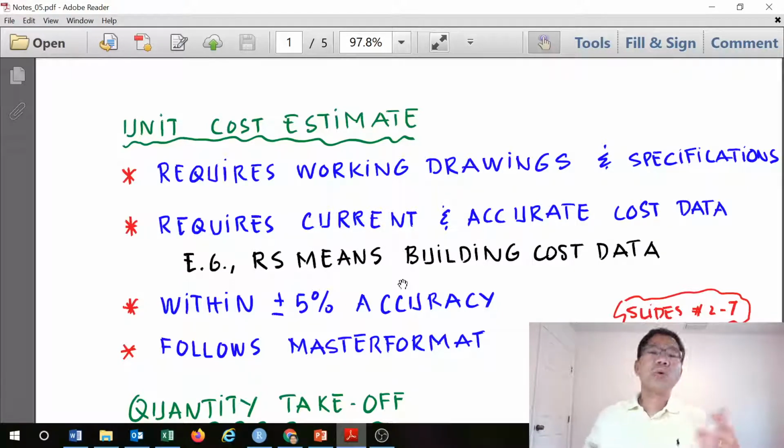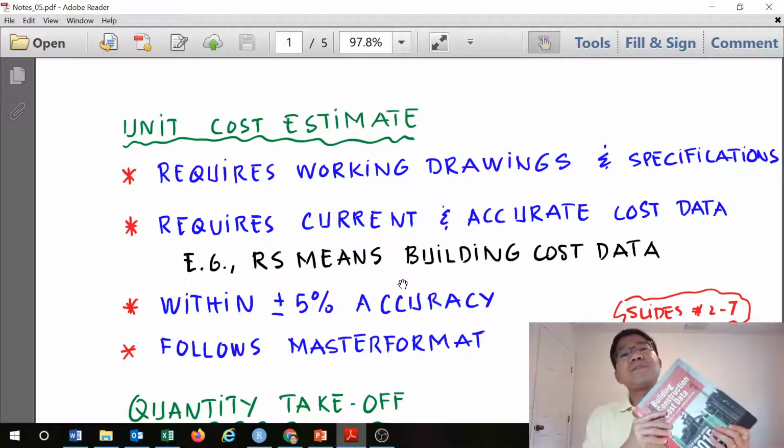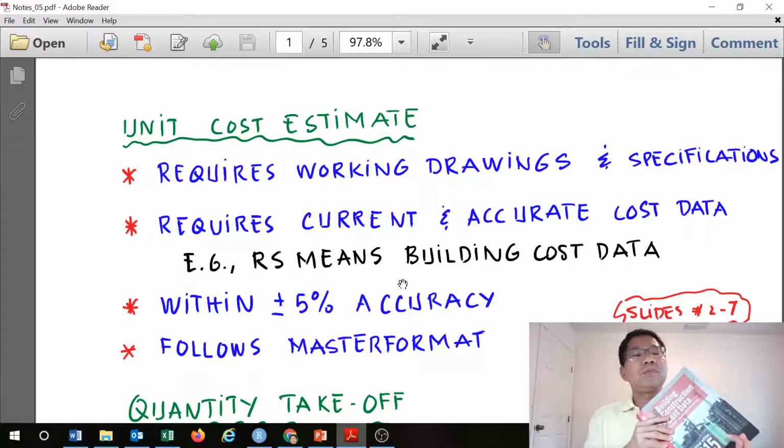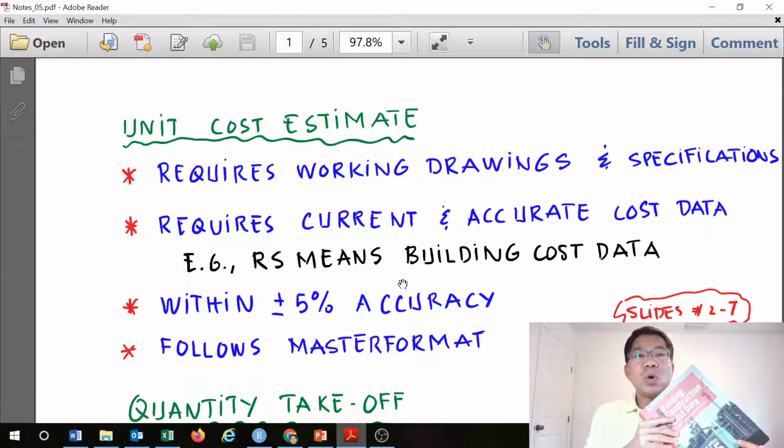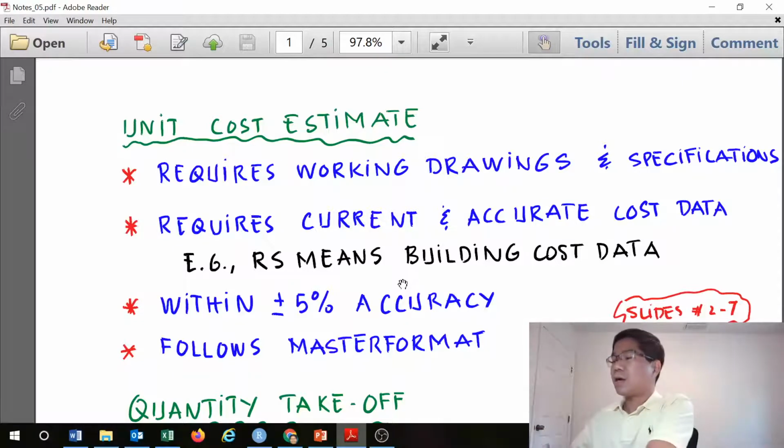In the real industry, if you rely on this to bid a project, you will not get the job, because it tends to overestimate compared to the local cost. So it has to be customized for the company, based on their productivity and their working methods for delivering the project, to make accurate cost data for the company.